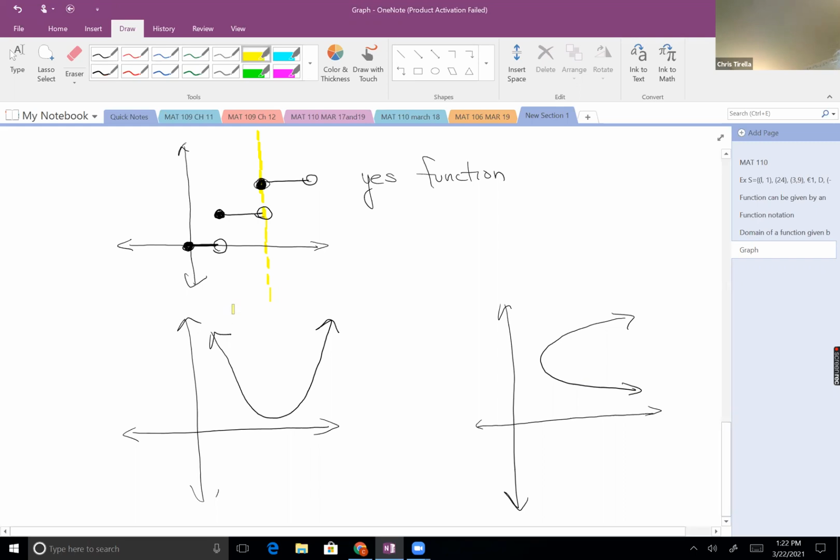And if I picture my vertical line test, does everybody see that this first one that opens upward is a function? But instead, if I look at this second one that opens sideways, my vertical line crosses twice. So this one is not a function.